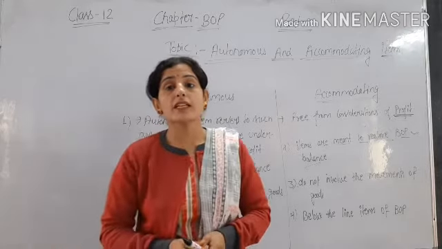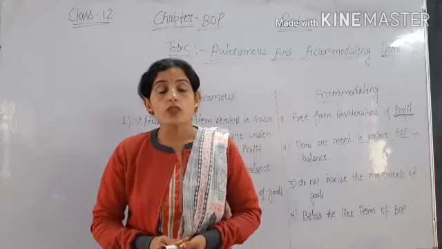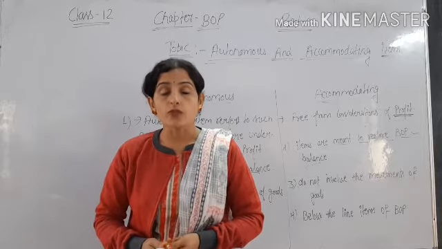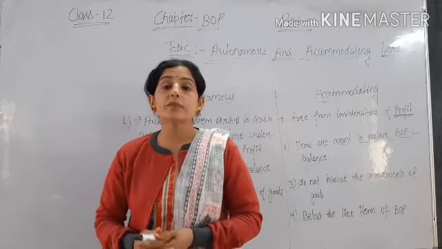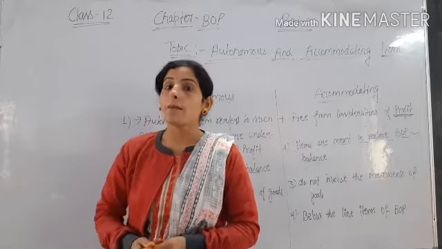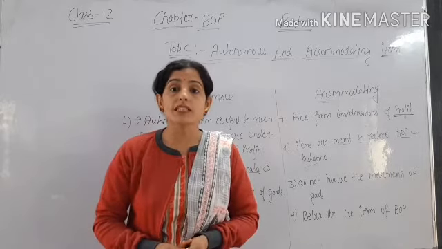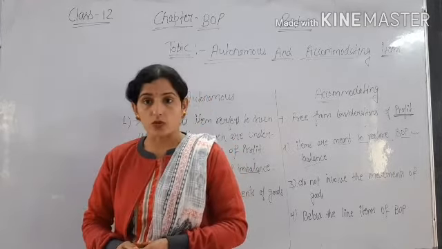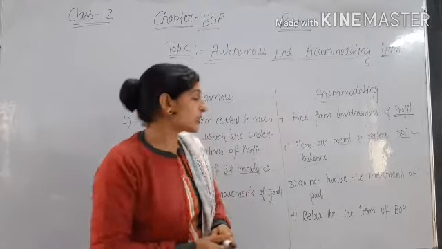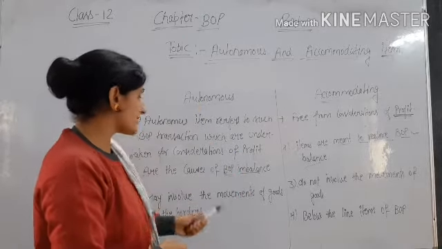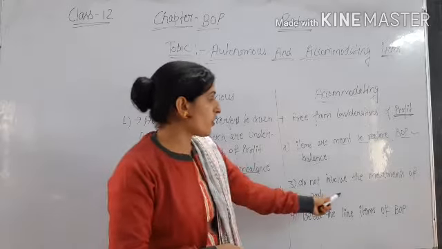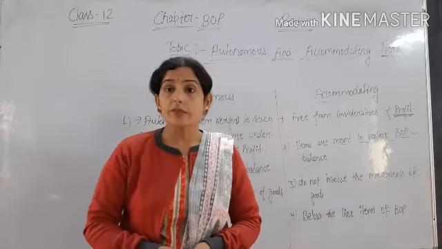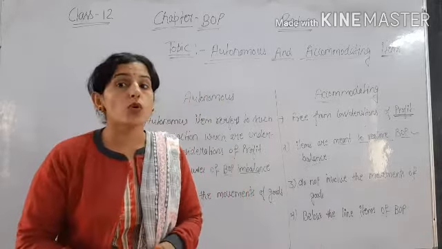Movement of goods means we include those exports and imports of goods which can be seen while crossing the boundary of a country. It means we include visible goods. So these are included in autonomous items. Accommodating items do not involve the movement of goods. It means that visible goods are not included.